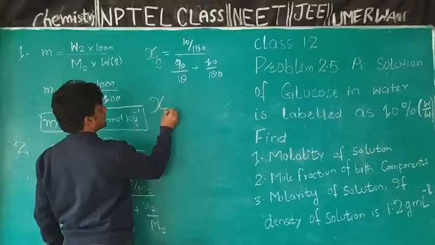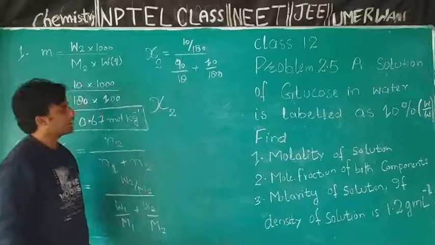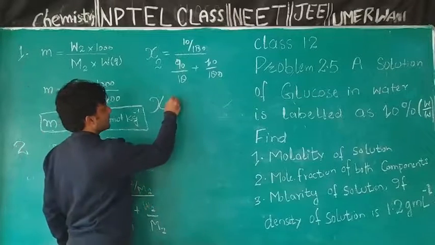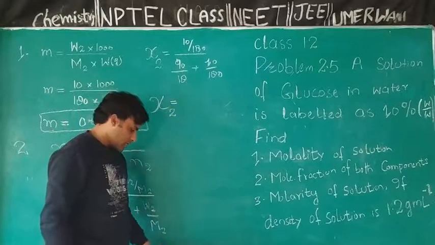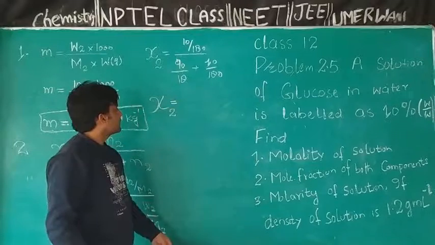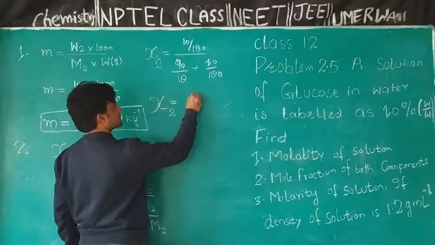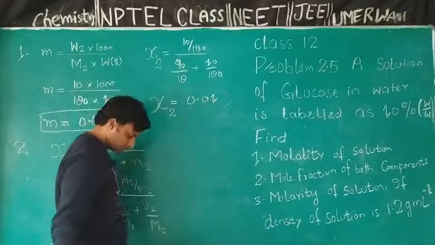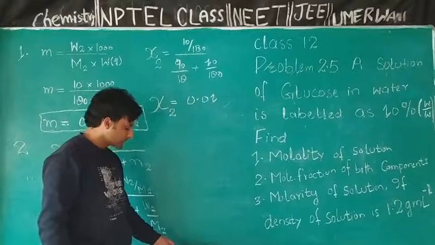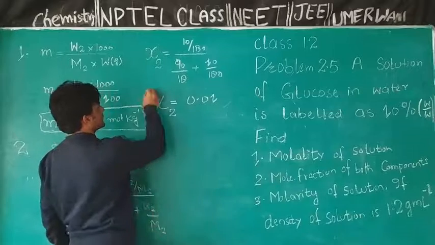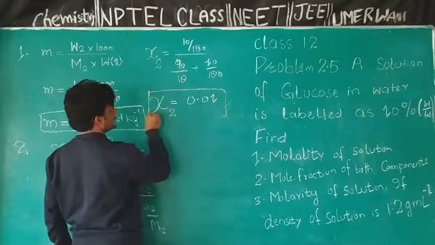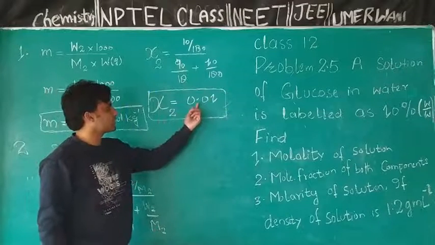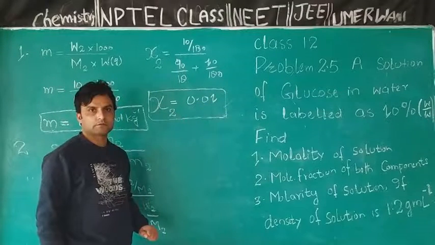I now need to evaluate the RHS of this equation, and after evaluation I got that mole fraction of solute here is 0.01. This is mole fraction of solute in this solution. Fraction of moles of solute in this solution are 0.01.